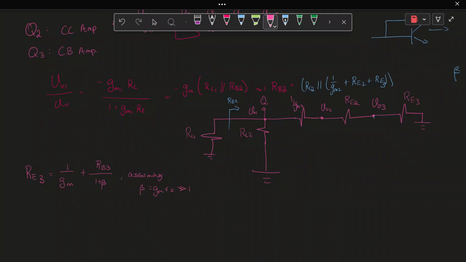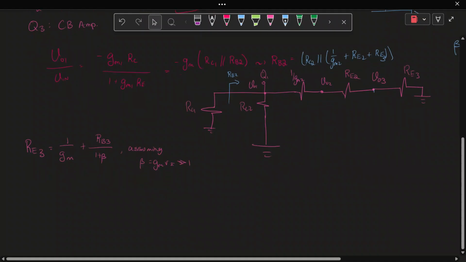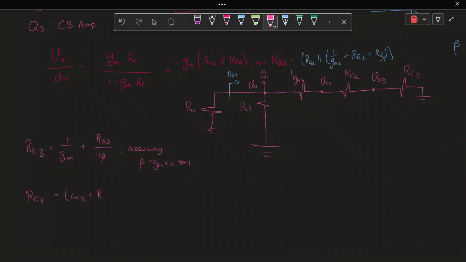If you're uncomfortable with making this assumption, use the other equation, and I'll write this down, but I'm going to use the assumption. This is the other equation, R pi 3 plus RB3, that other longer equation on top, or I guess right above it actually, in parallel with R pi 3 plus RB3 over beta, which is also equal to R pi 3 plus RB3 over 1 plus beta.